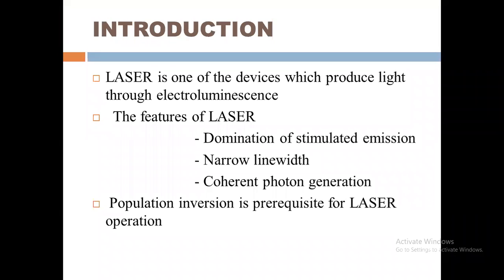So what is laser? Laser is one of the devices which generates light. There are some other devices which are used for light generation, like electrical bulb, lamp, halogen lamp, fluorescent lamp, LED, laser, etc. So laser is one of them, and light can be generated in various ways.